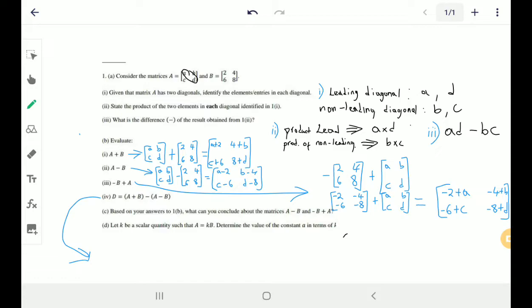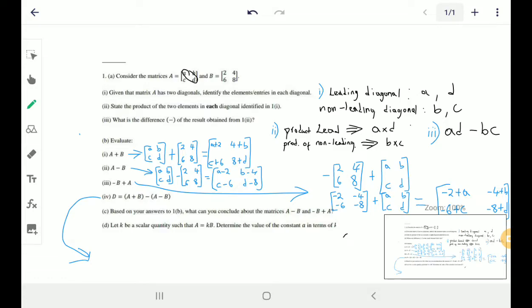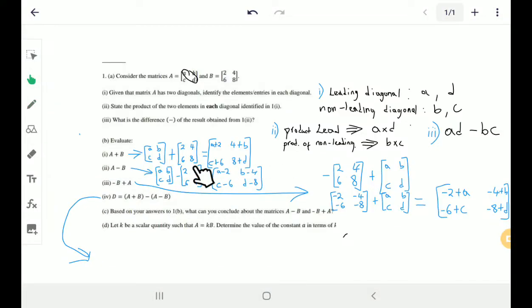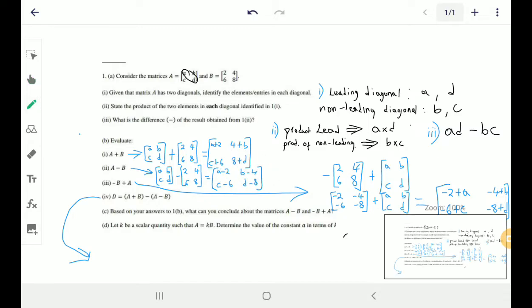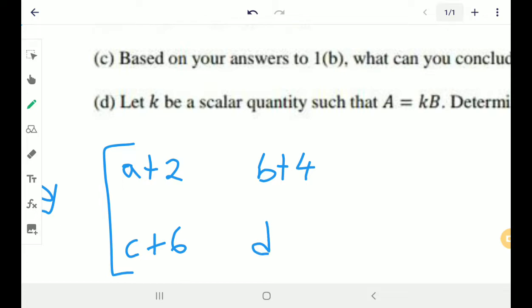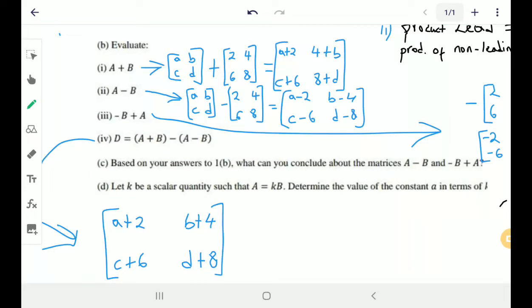Alright, everybody following? Okay, so we will end up with a plus b. Remember our result was a plus 2, 4 plus b, c plus 6, 8 plus d. So let's write that. So a plus b, which was, and now they're asking us to subtract a plus b.